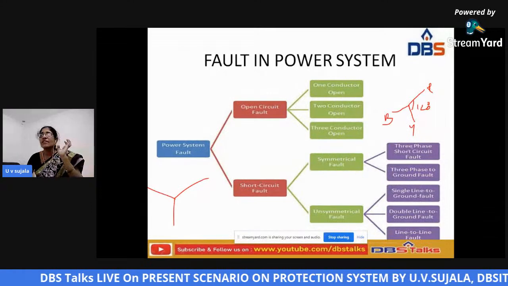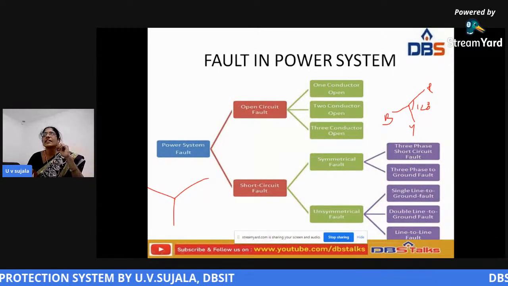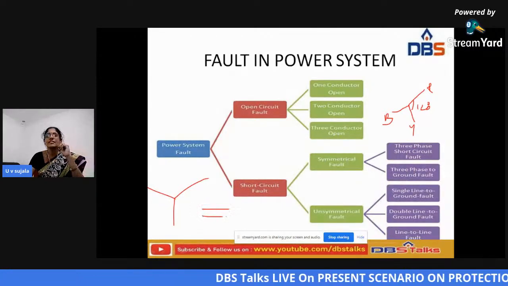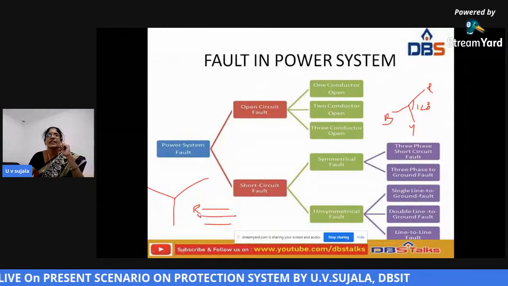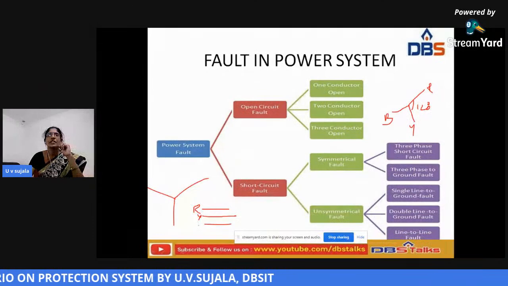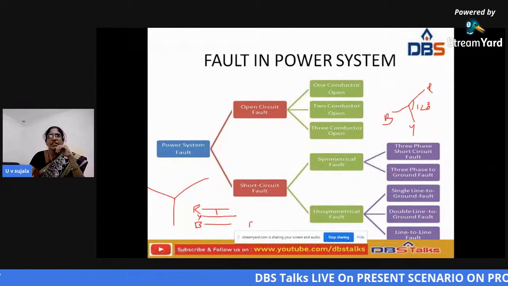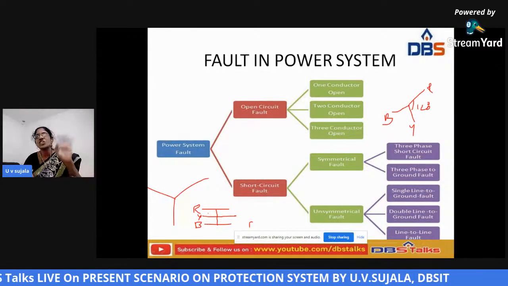So here, a three-phase short circuit fault and a three-phase ground fault: we take the three phases R, Y and B. Whenever the three are shorted, that is a three-phase short.